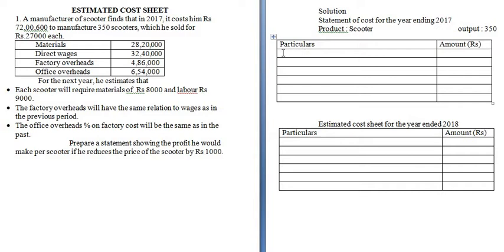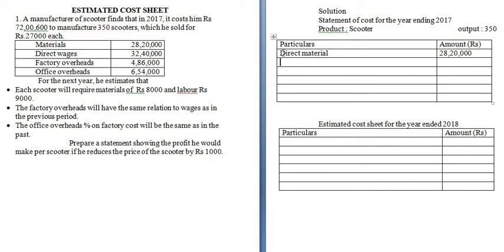First we will have to take direct material. The direct material amount is already given in the chart, that is 28 lakhs 20,000.